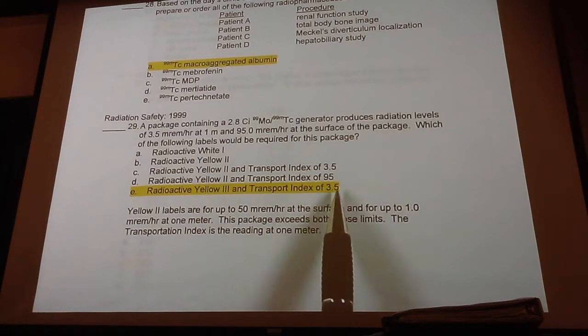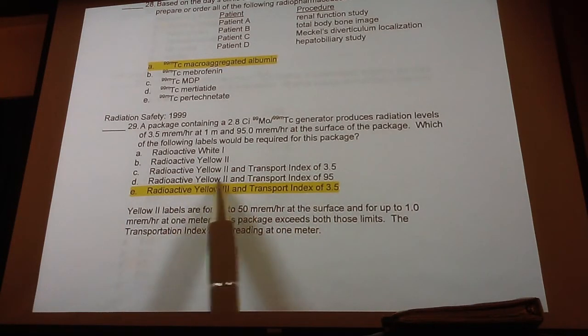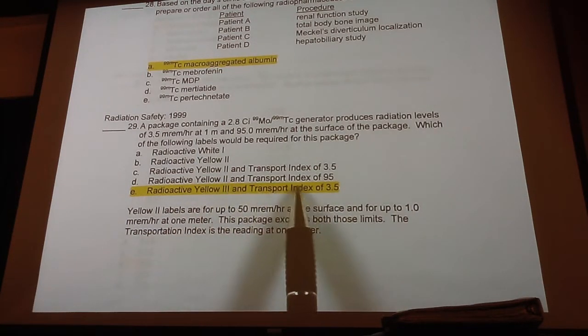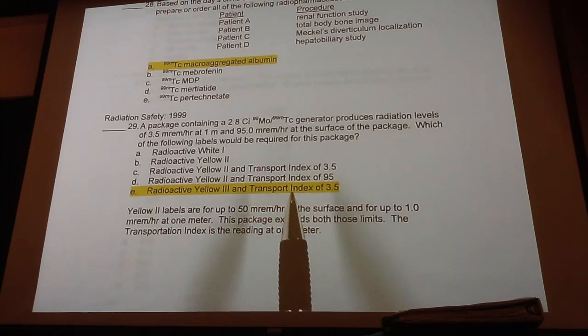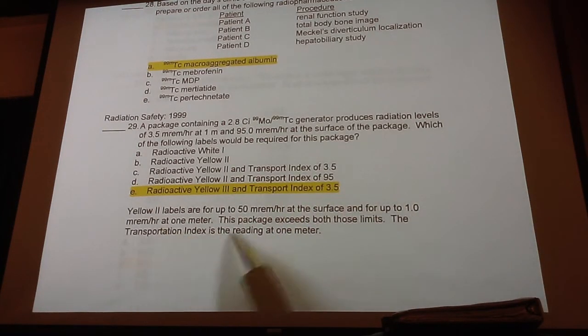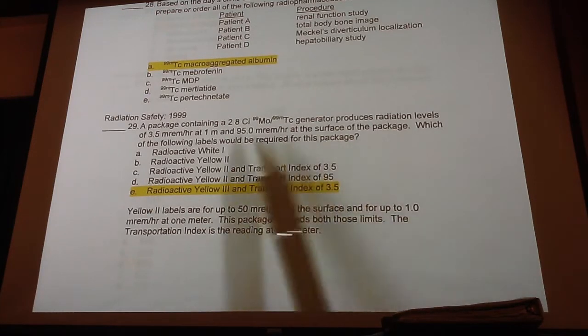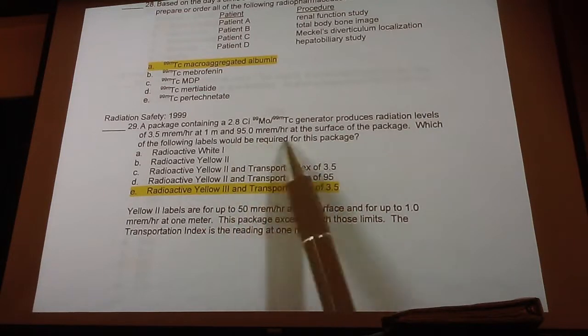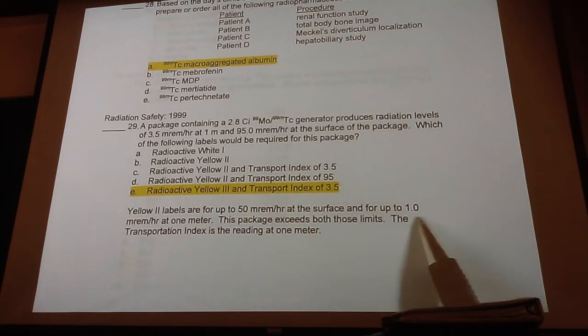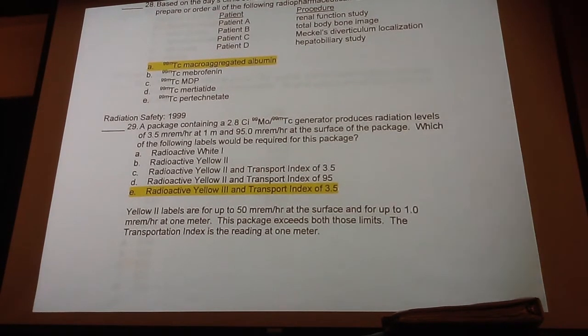So this is the important thing here, because I could have radioactive yellow 3 and a transportation index of 95, and it would still be wrong, wouldn't it? It says yellow labels are for 50 millirem at the surface. And this is 95, so that's the reason why. Because the reading should be 10 mR at 1 meter, and that's okay.